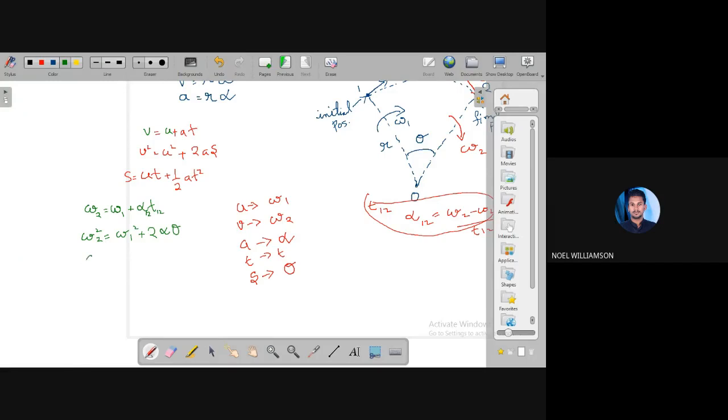Instead of that, we can write theta equal to, instead of u, omega 1 t12 plus half into, instead of a, alpha, and instead of t, t12 square. Okay, so these are the relations we are using. Please note these relations and also the figure.